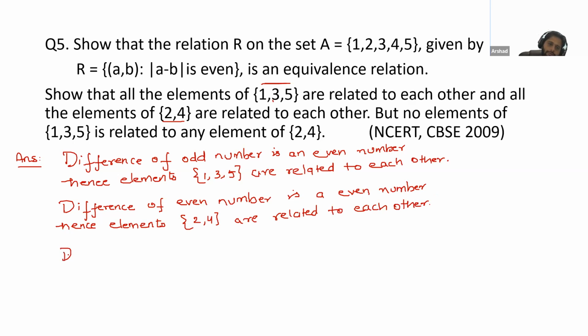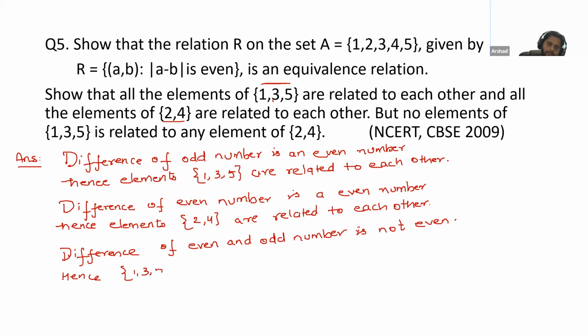Now we will say that the difference of an even and an odd number is not even. Hence 1, 3, 5 is not related to 2, 4.